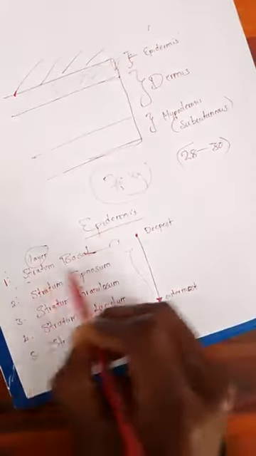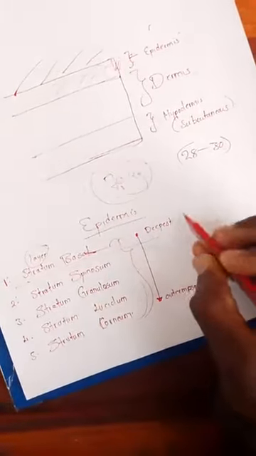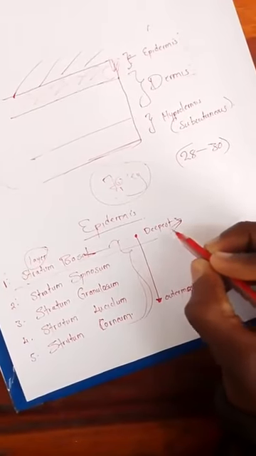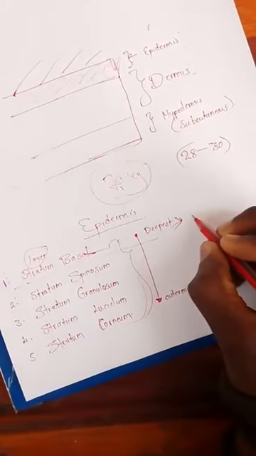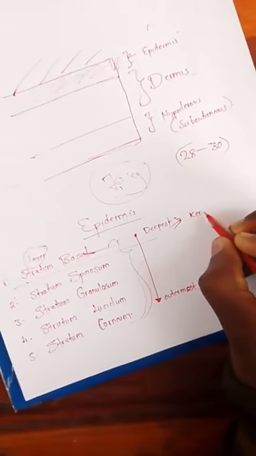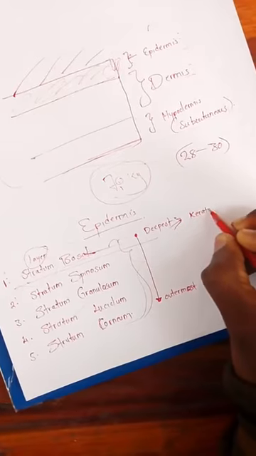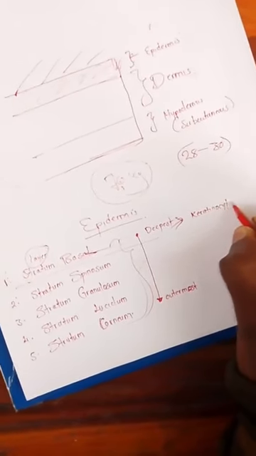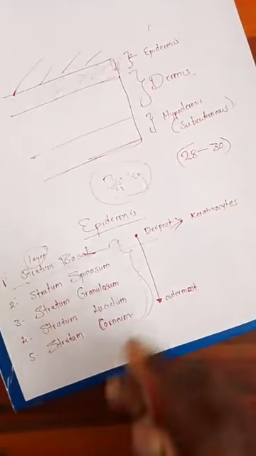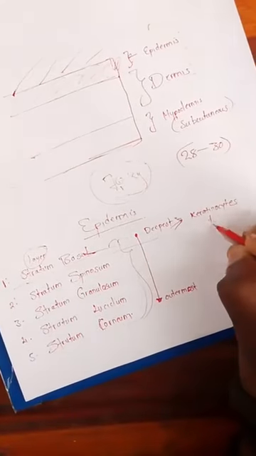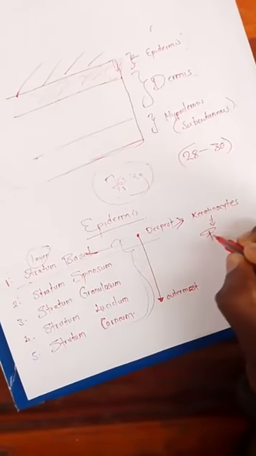In this basal layer, we are going to find cells in larger amounts, called keratinocytes. These cells are involved in the production of a protein known as keratin.